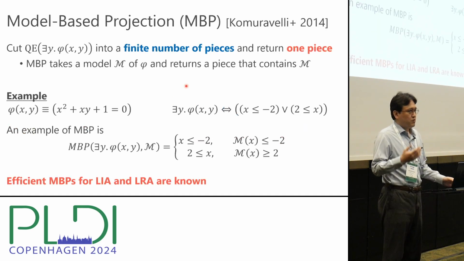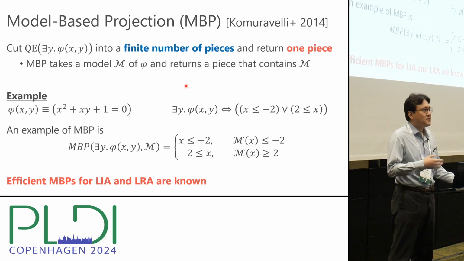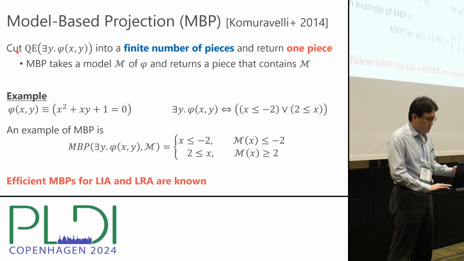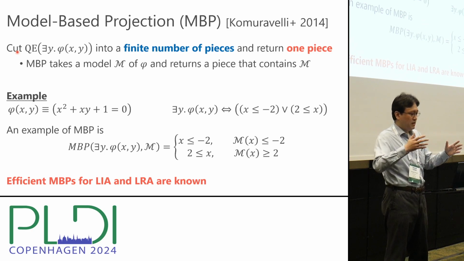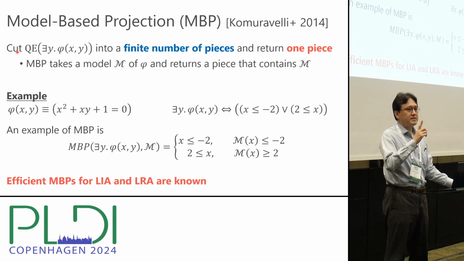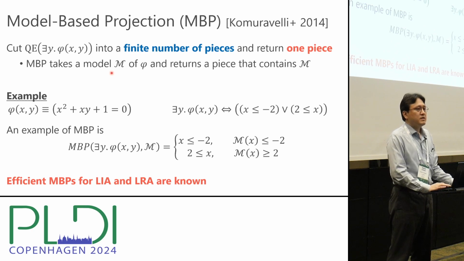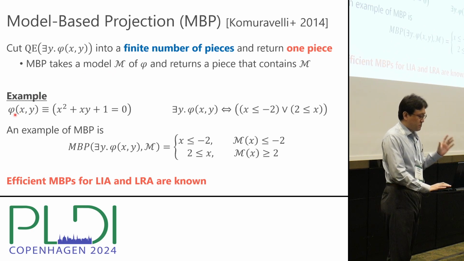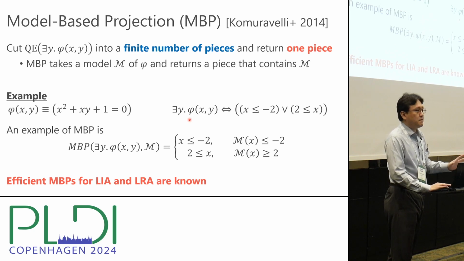A technique to avoid quantifier elimination is known as model-based projection. It is not easy to explain this in detail, but intuitively, it cuts the QE formula into a finite number of pieces, and it returns one of the pieces by using an additional input, a model. Let me explain this by using an example. Let phi be this formula, then exists x, exists y, phi is equivalent to this formula.